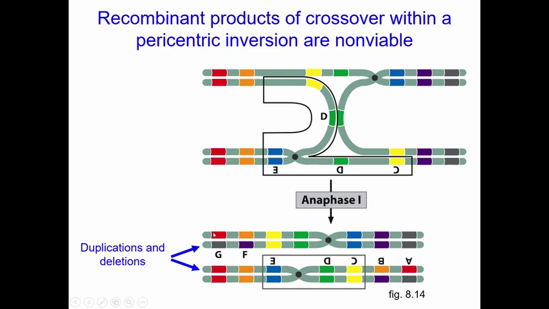See, this one's got a red and an orange here, but there's no second version of it. It's got the gray and purple instead. And same thing with this one.